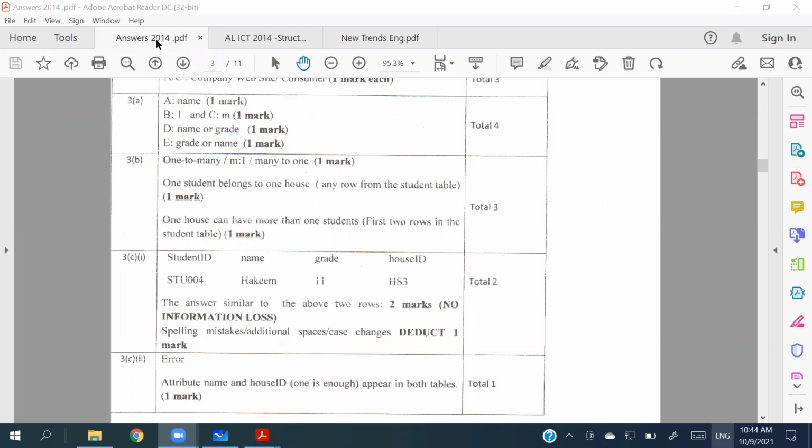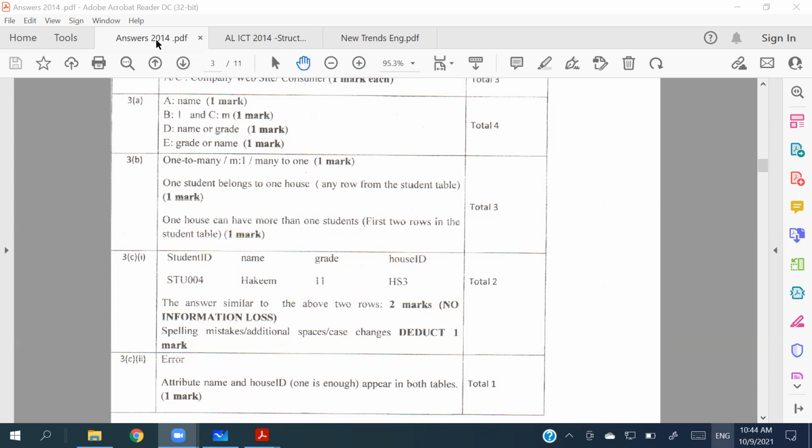Okay, Anali, that's a very good mark. How about others? All right, Dilaka, Kovidu. Yeah, that's a good mark as well, right?